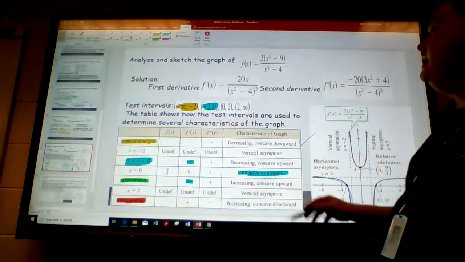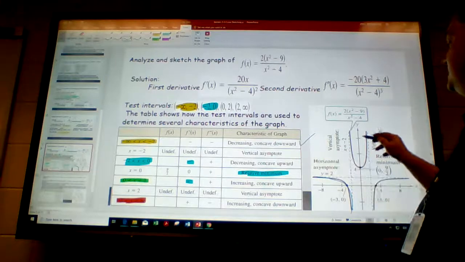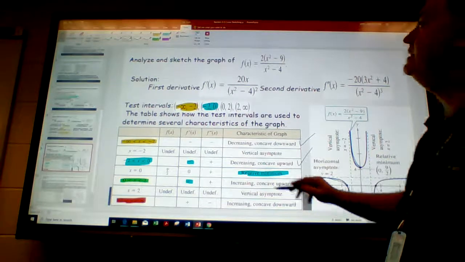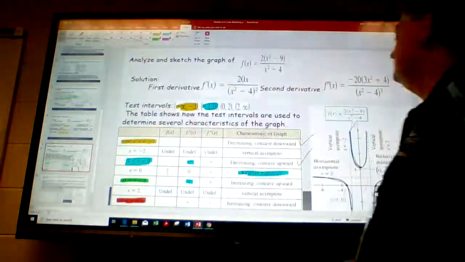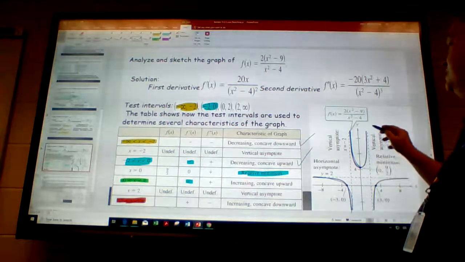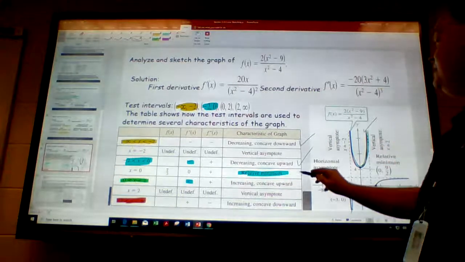Okay. Now, from -2 to 0, it says it's decreasing, which that is true, and it's concave upward. So, yes, that is true. Check. From 0 to 2, it's increasing and it's concave upward. So that is true. So I check that off.